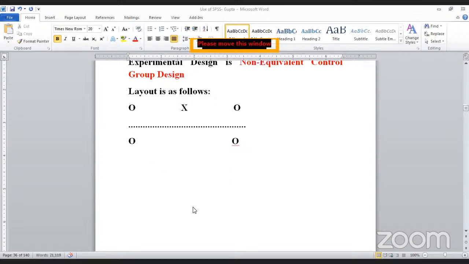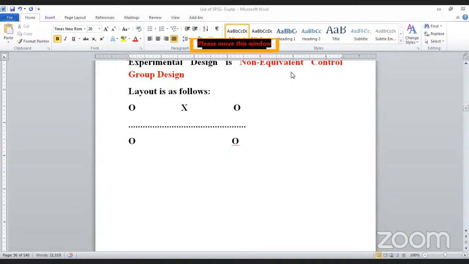Okay. If you want, you can have more than one experimental group. Absolutely no problem. If you want to have 2 experimental groups or 3 experimental groups, you can have. So you can have as many experimental groups as you like. I am taking only one experimental group.